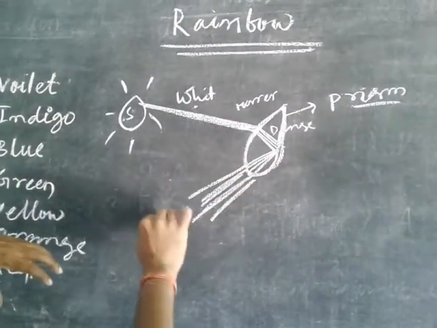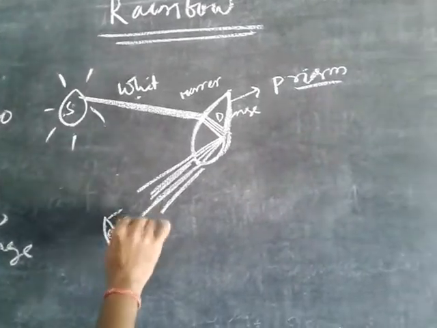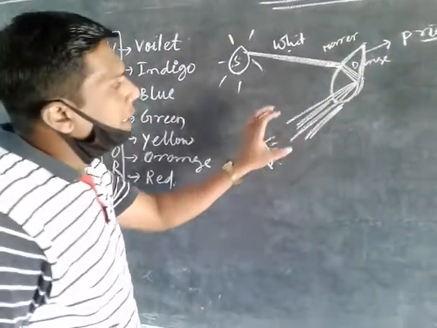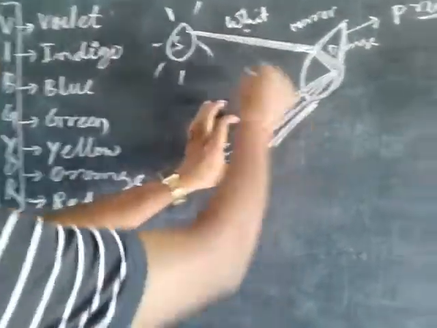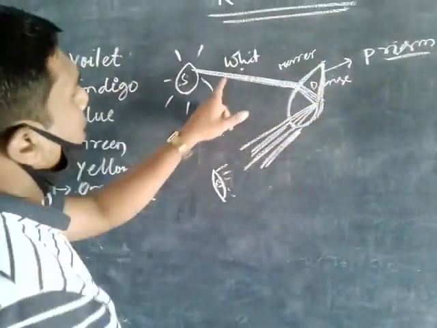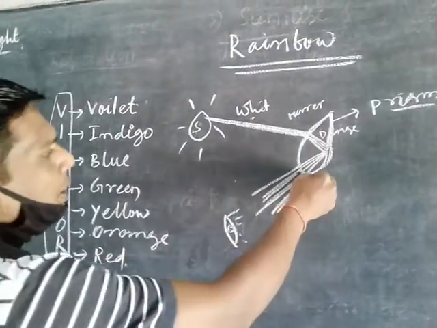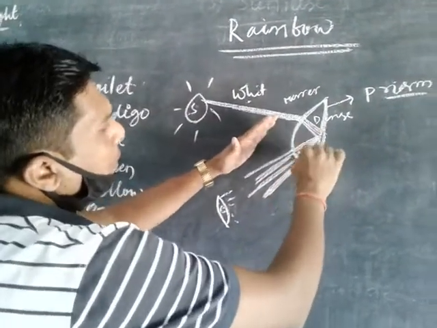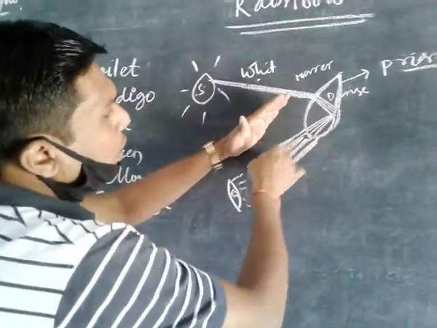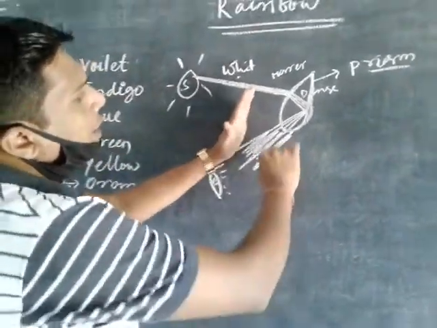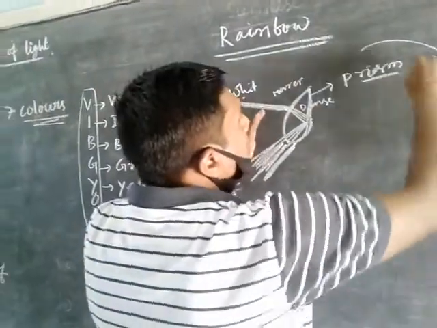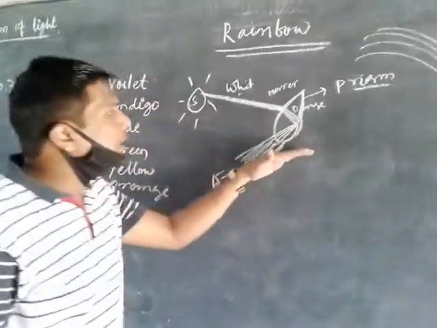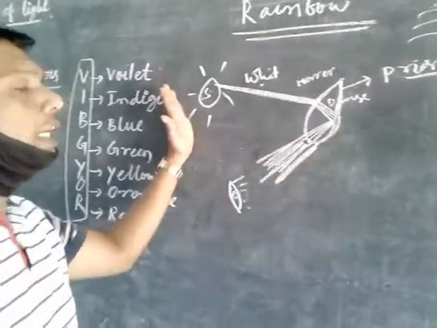When we look here, we can see the different colors of light which are emitted from this white light. So in this case, we are able to see the rainbow, and this rainbow is always opposite to the sun.